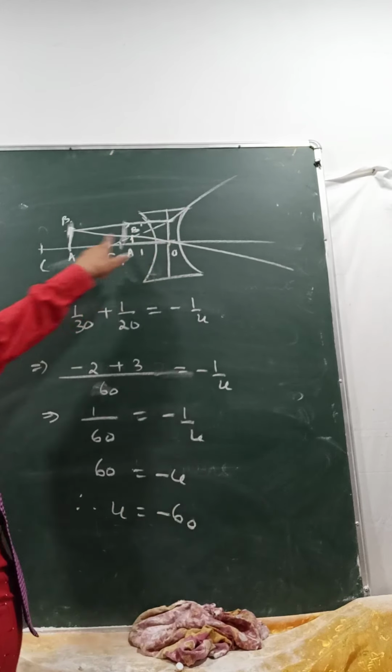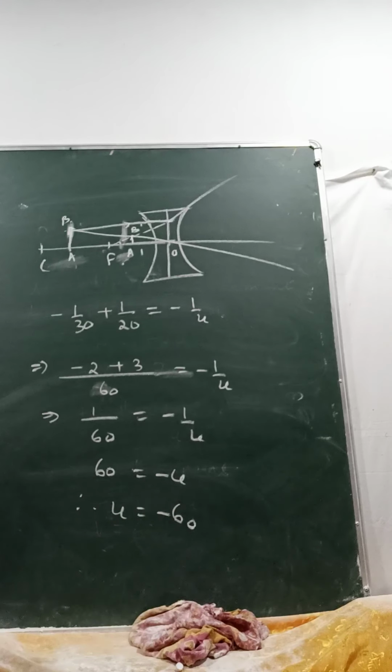That means the object is on this side, minus 60 here.